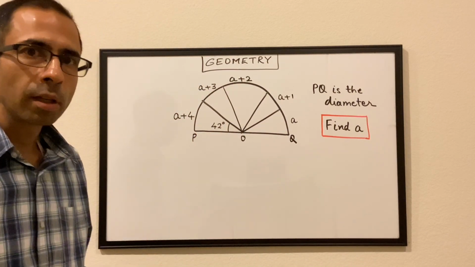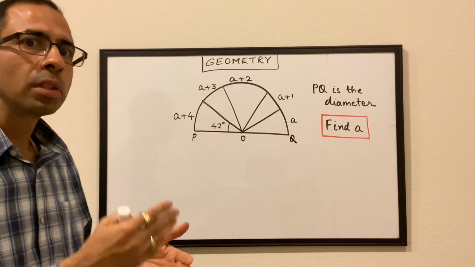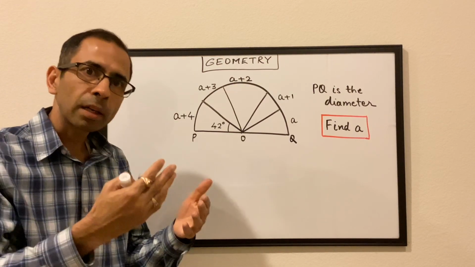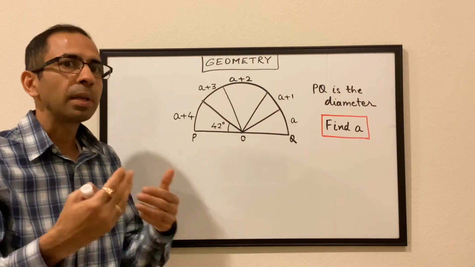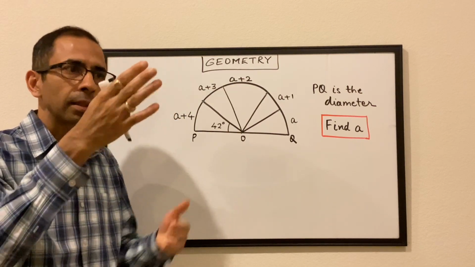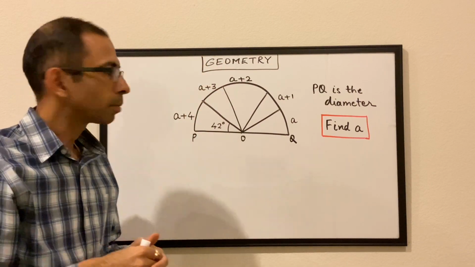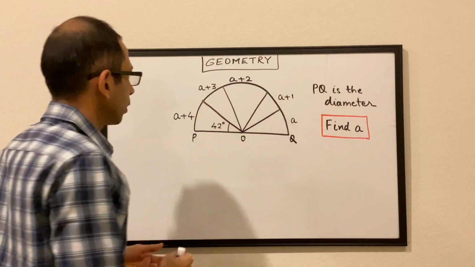So as we discussed earlier, right, the arc lengths go in the same ratio as the central angle, or in other words, the ratio of the arc length to the central angle remains the same. The smaller the arc, the smaller the central angle, the bigger the arc, the bigger the central angle, correct? So we're going to use that here.